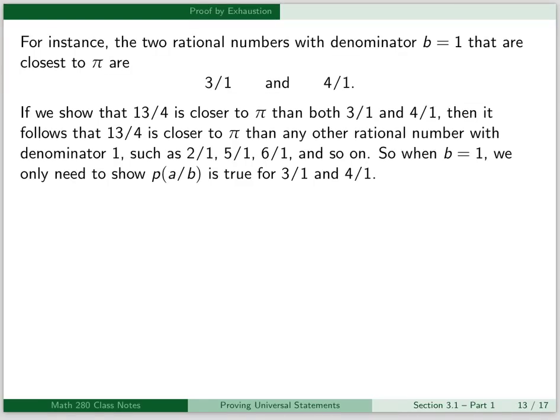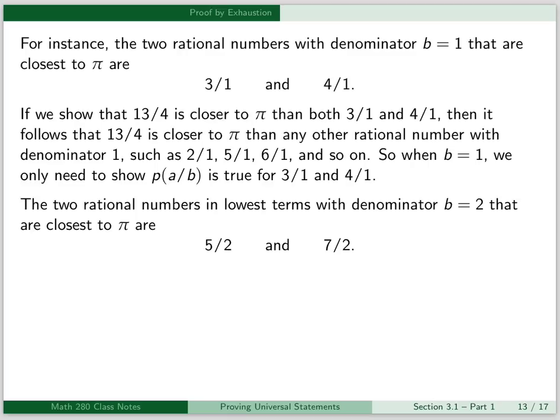So when b is equal to 1, we only need to show that p of a over b is true for 3 over 1 and 4 over 1. The two rational numbers in lowest terms with denominator b equal 2 that are closest to pi are 5/2 and 7/2.